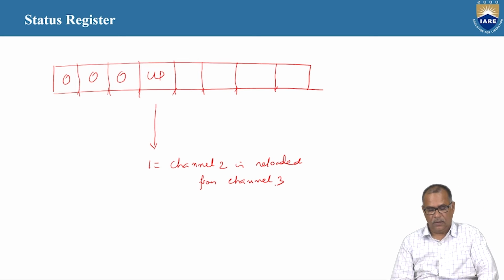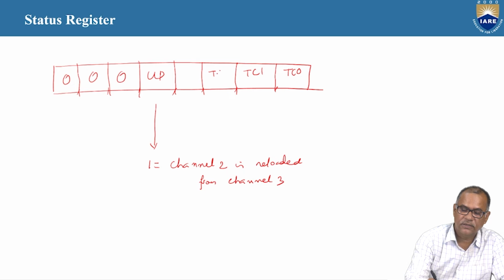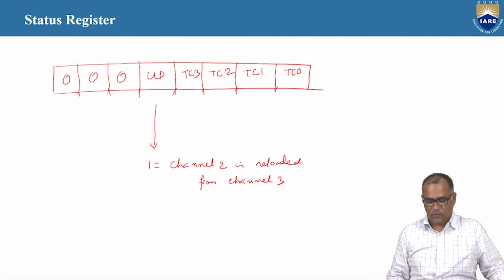It is 1. And the TC bits: this is the symbol for TC0, this is for TC1, channel 1, this is for channel 2, and this is for channel 3. As there are 4 channels, you have 4 bits.